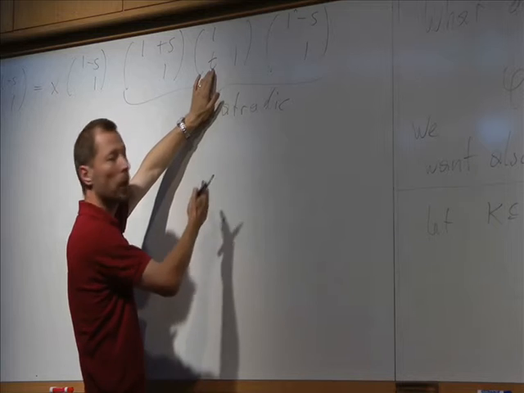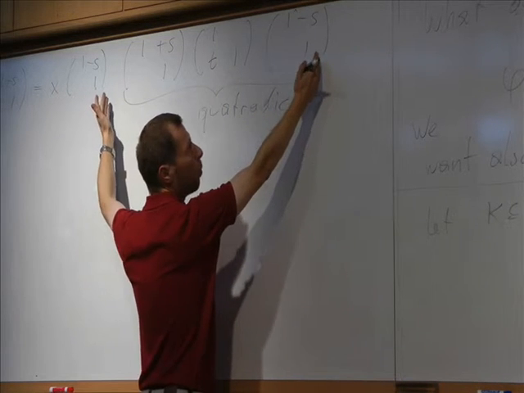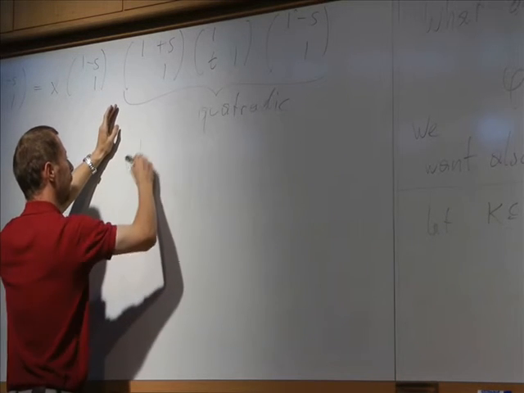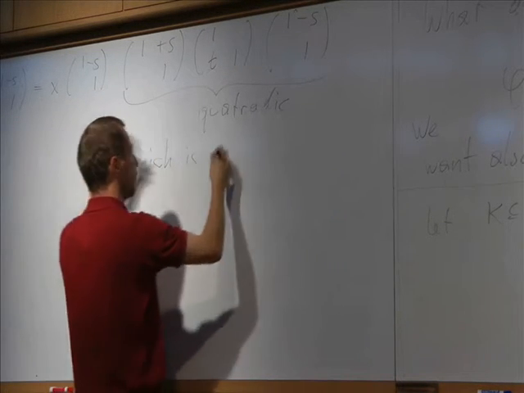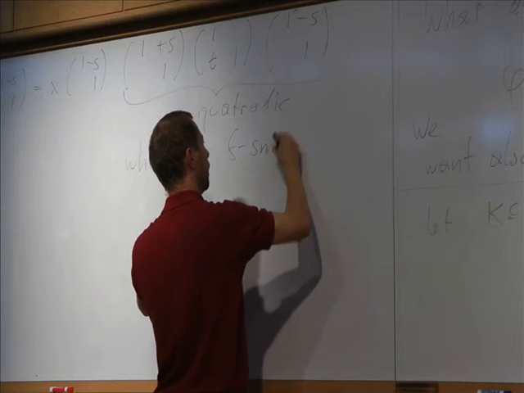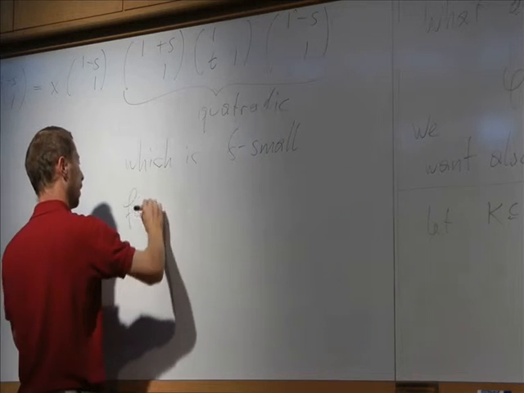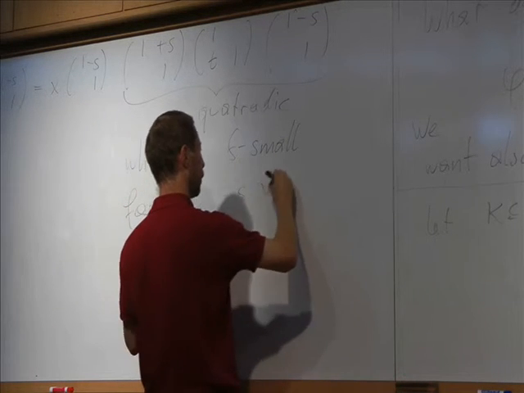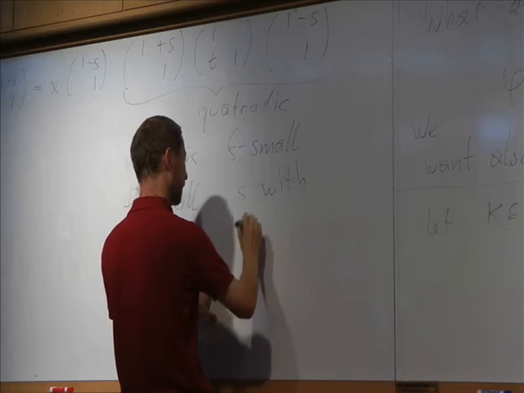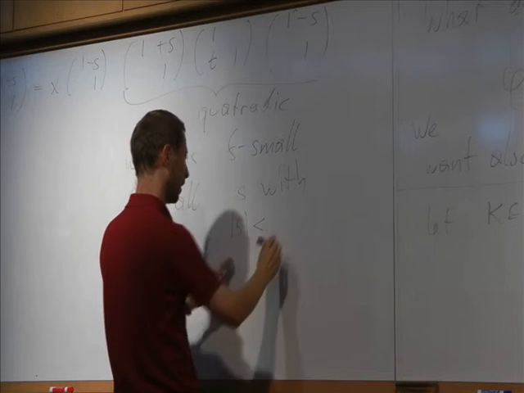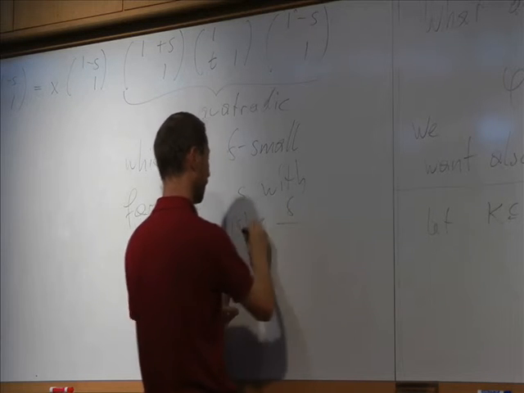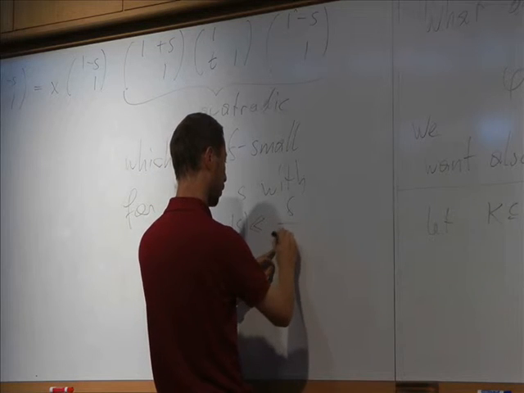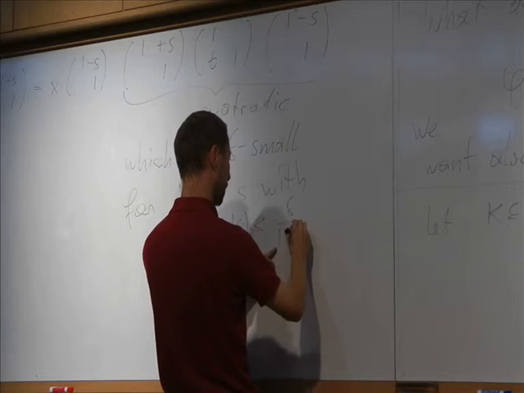So I can calculate the time when this quadratic is still small, which is delta small for all s with absolute value of s less than delta, maybe I need another constant, delta divided by the square root of the parameter t.